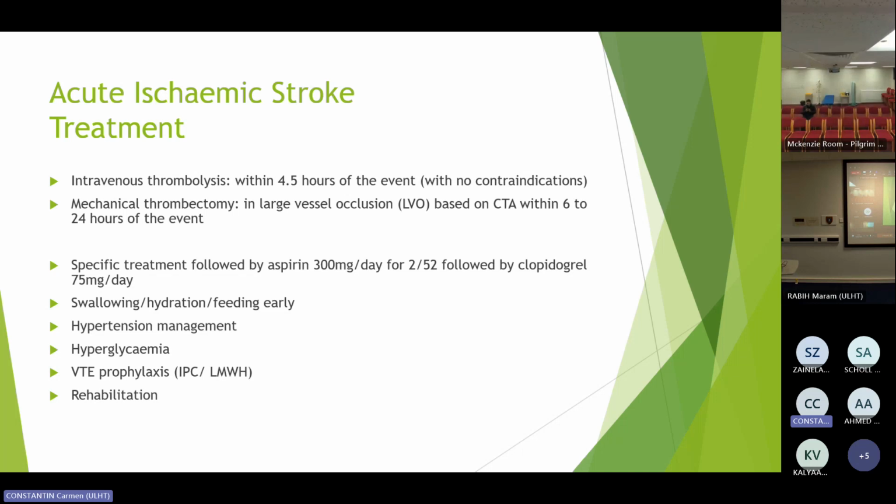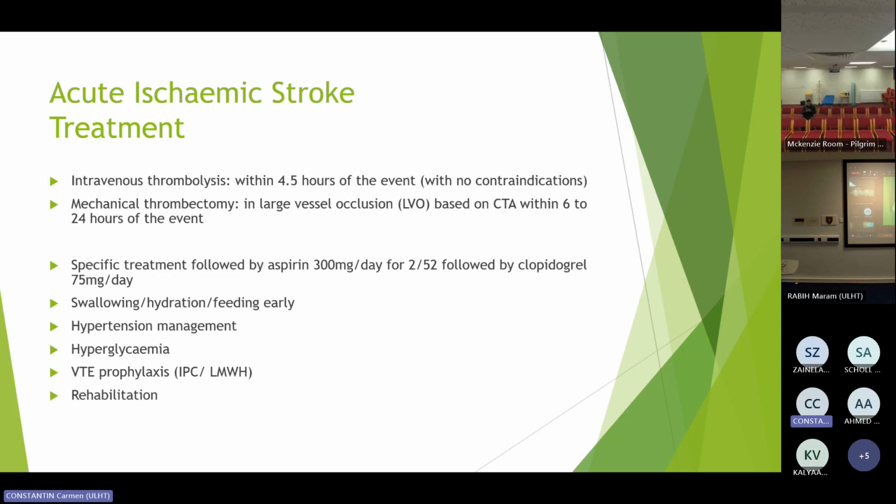Generally, if the IPCs are contraindicated because of certain things, for example pedal edema, chronic leg ulcers, or suspicion of a lower limb fracture, this is when we can use low molecular weight heparin, but at an adjusted dose. So, for example, if a patient qualifies for 40 milligrams of enoxaparin, they are going to receive 20. But it's better for this decision to be made with us.